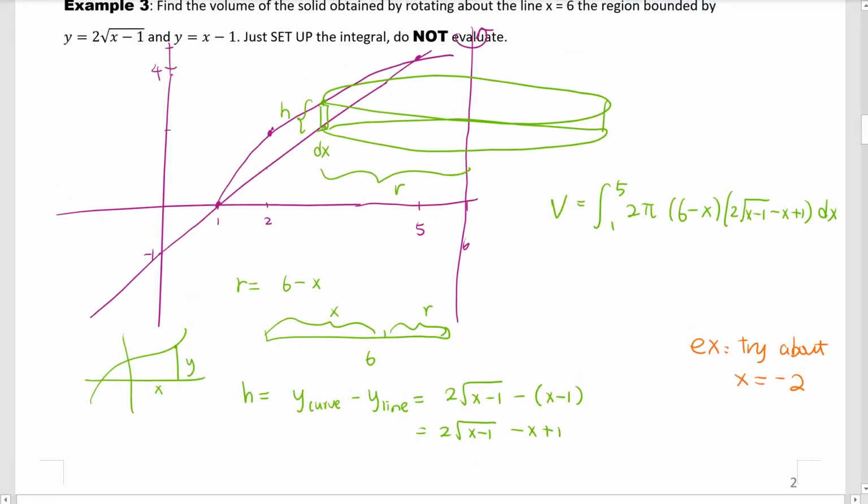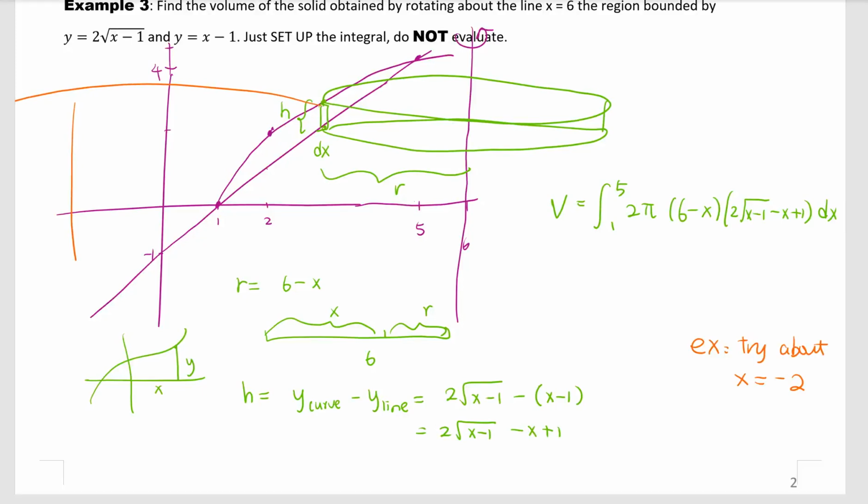Probably I can give you some idea. Okay, so -2 is here, right? Your circle is going to look like that. Your h will be the same, but your r is going to be from here to here. This guy is x, this guy is 2, so your r will be x plus 2.